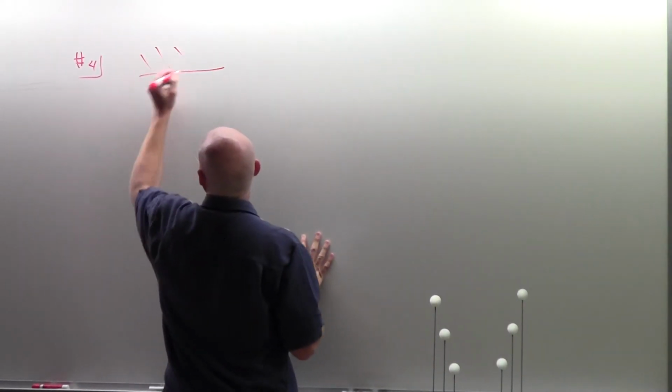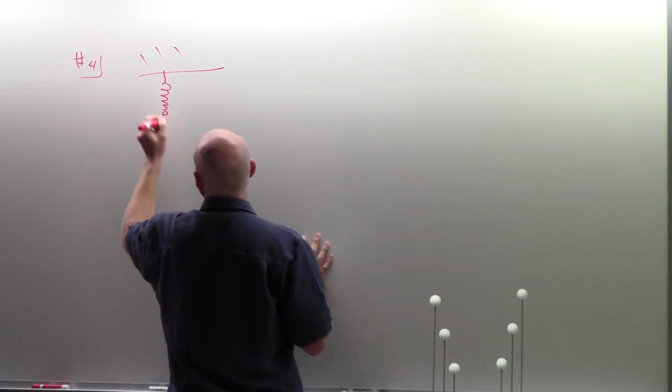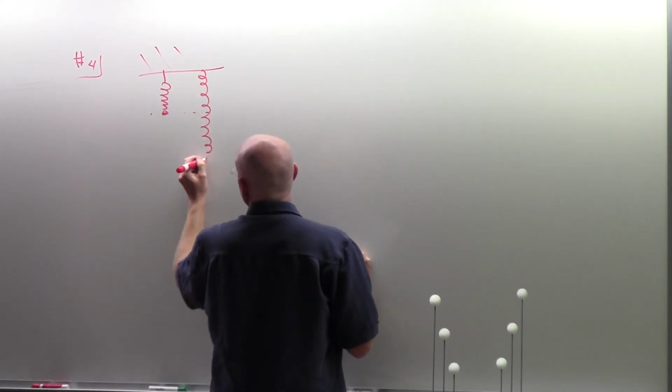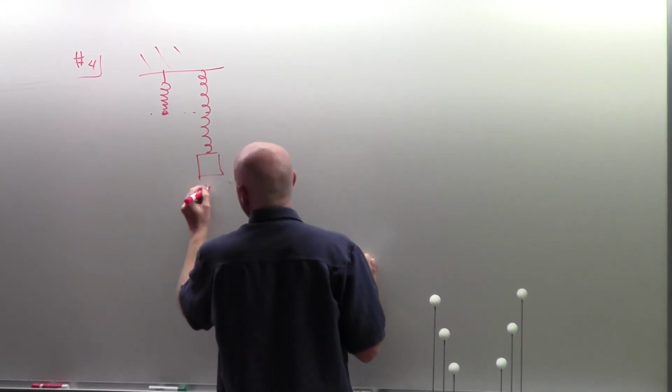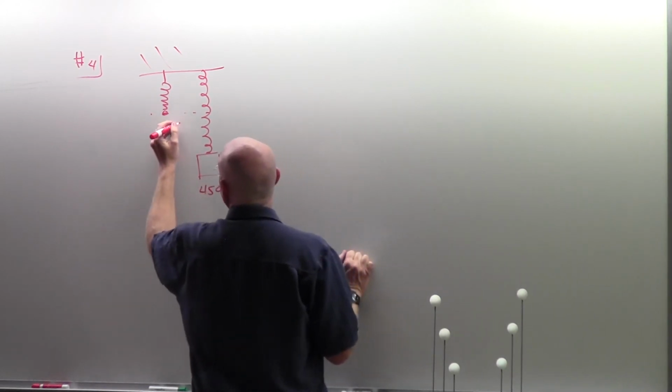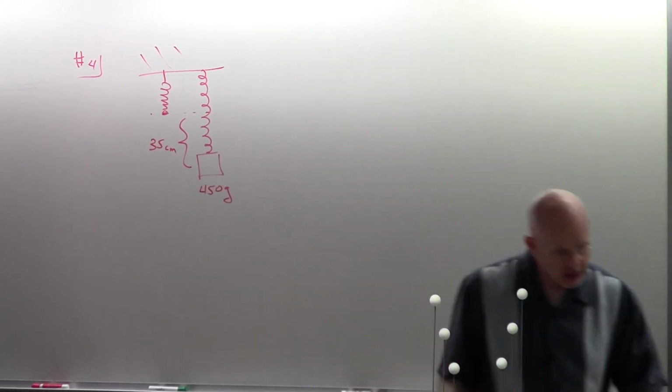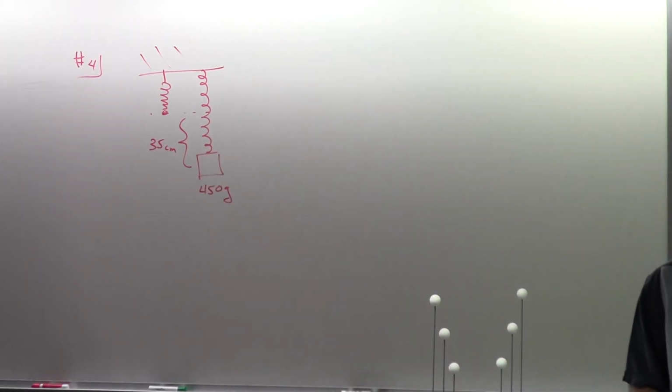It's got a vertical spring. Here is the spring. It's got some natural length, sure. And then we come along and we hang 450 grams, and it stretches, I better go back. Was it 35 centimeters? It stretches 35 centimeters when 450 grams is hung from it, and it's just sitting there at rest.